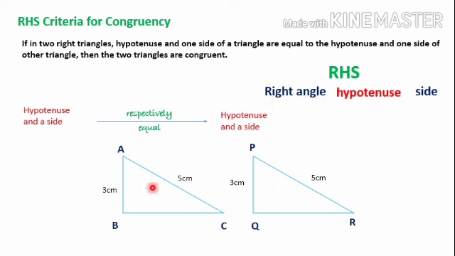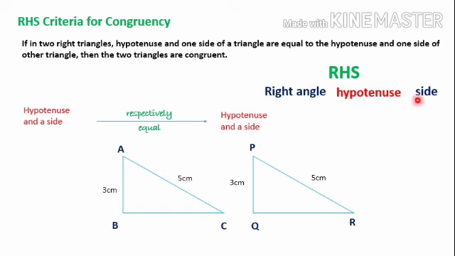So both triangle ABC and PQR are right angle triangle, and we have to compare the hypotenuse. So here hypotenuse AC is 5 centimeter, hypotenuse PR also 5 centimeter. Hypotenuse means 90 degree opposite side. Here angle B is 90 degree, opposite side is AC, and here angle Q is 90 degree, opposite side is PR. So AC is equal to PR.